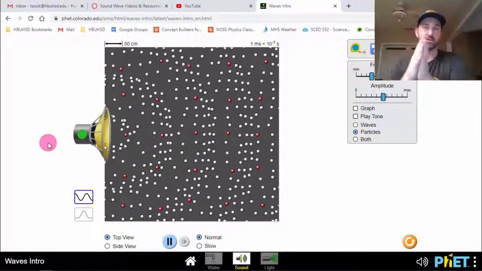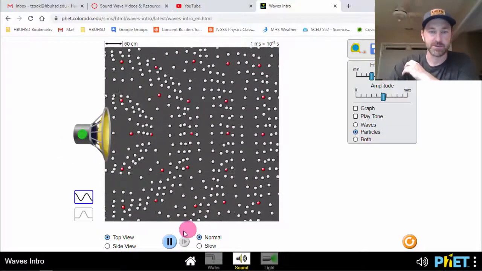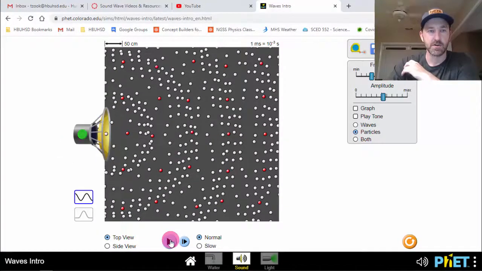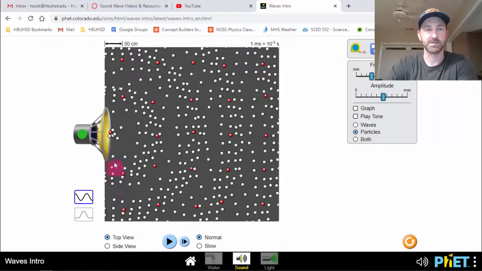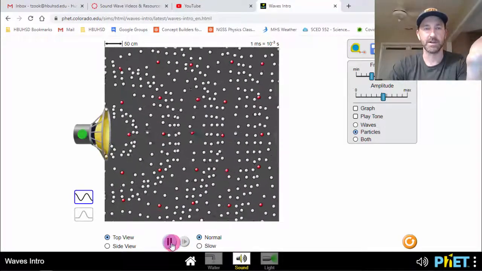The wave producing compressions of the air molecules as they move away. So the speaker was retracted, so there's a rarefied area there. If I click forward, as the speaker's compressed forward, it's producing a squishing of air molecules. That represents a crest. Now, go ahead and let it keep going.